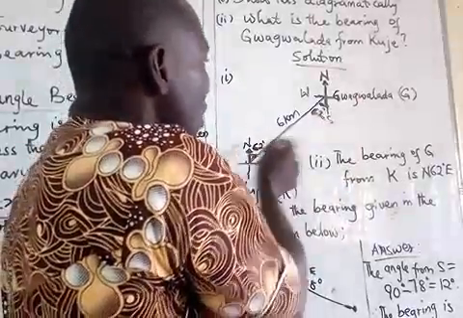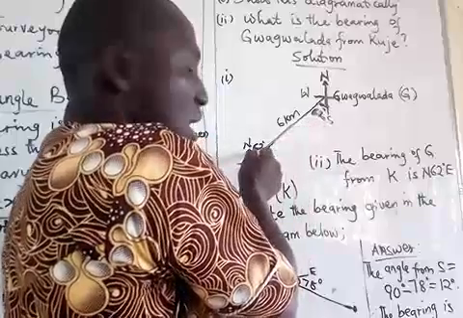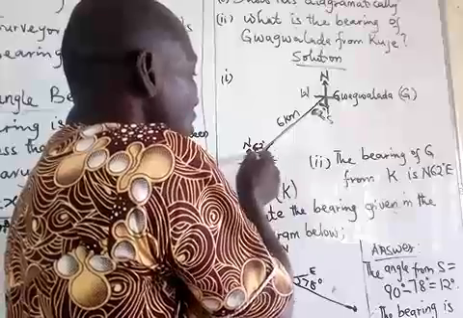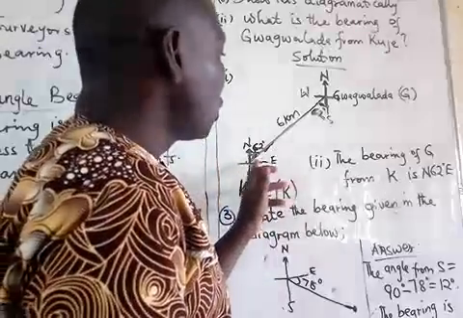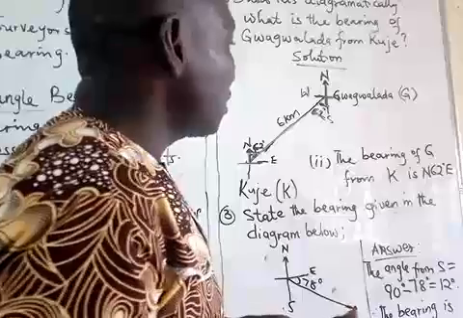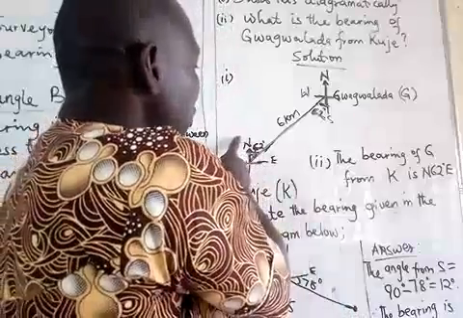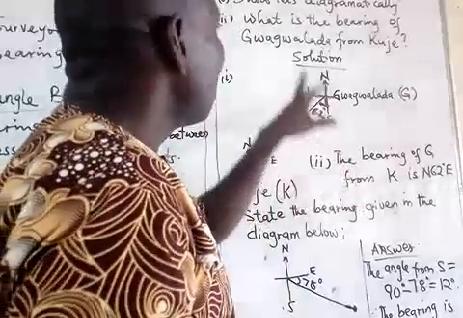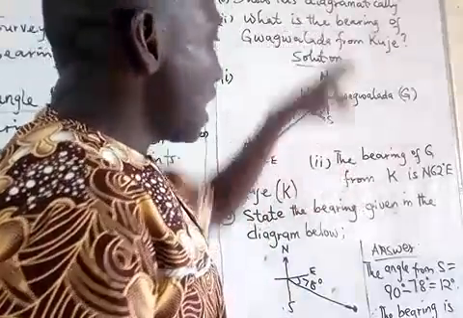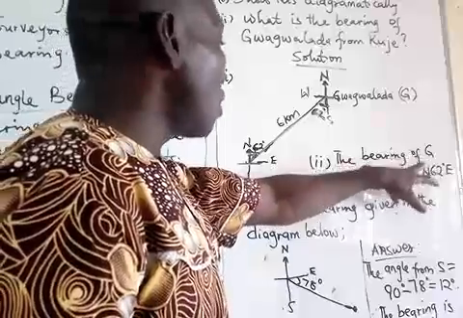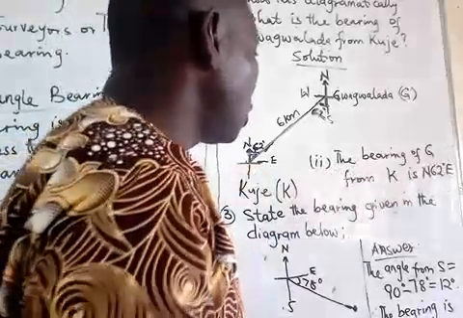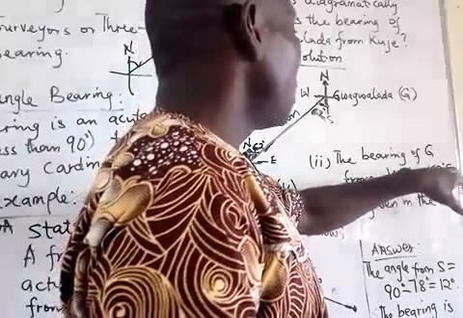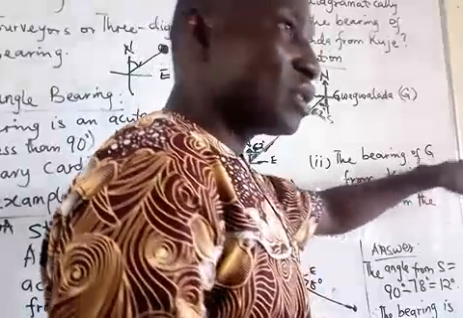This angle and this one are alternate angles, so this angle is 62 degrees, but you will see the direction has changed; it is now northeast. So we conclude that the solution to II is that the bearing of Gogolada, indicated by G, from Kuje, indicated by K, is 62 degrees northeast.